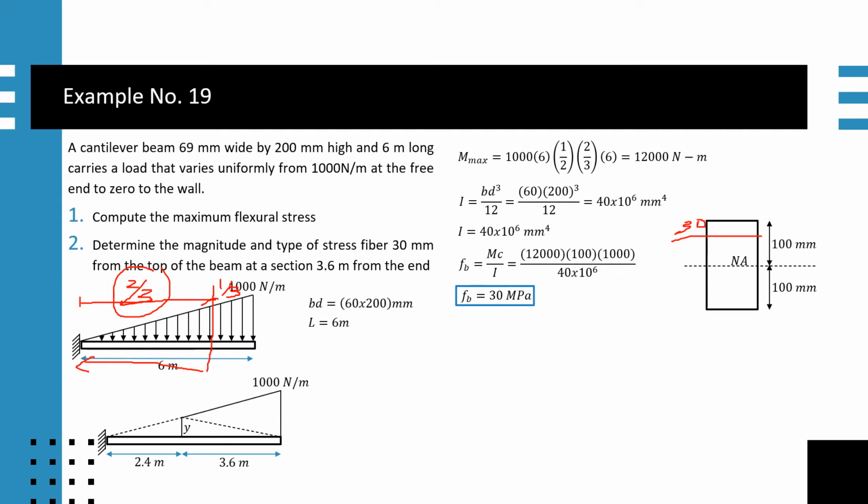Ang tinutukoy niya ditong end is the free end. So, from here, papunta dito. Dito sa location na to, where it is 3.6 from the end, yan ang hahanapin natin ng magnitude or ng value. Okay?